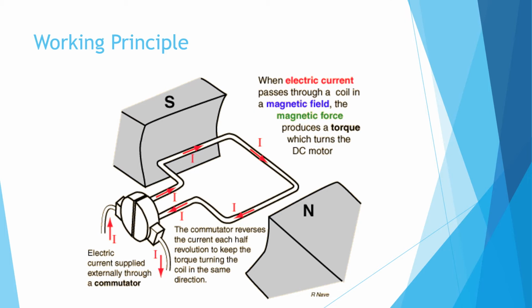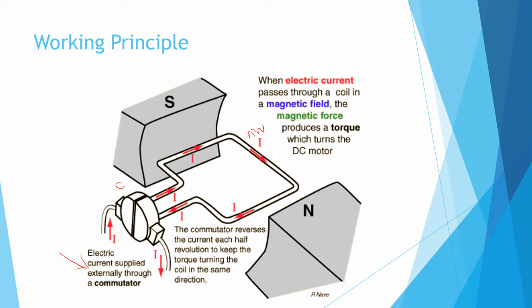Let's discuss the working principle. When electric current is supplied externally through the commutator segments, the commutator is a part of the rotor. This one is your armature winding. Whenever a current carrying conductor is placed in a magnetic field, it experiences torque.